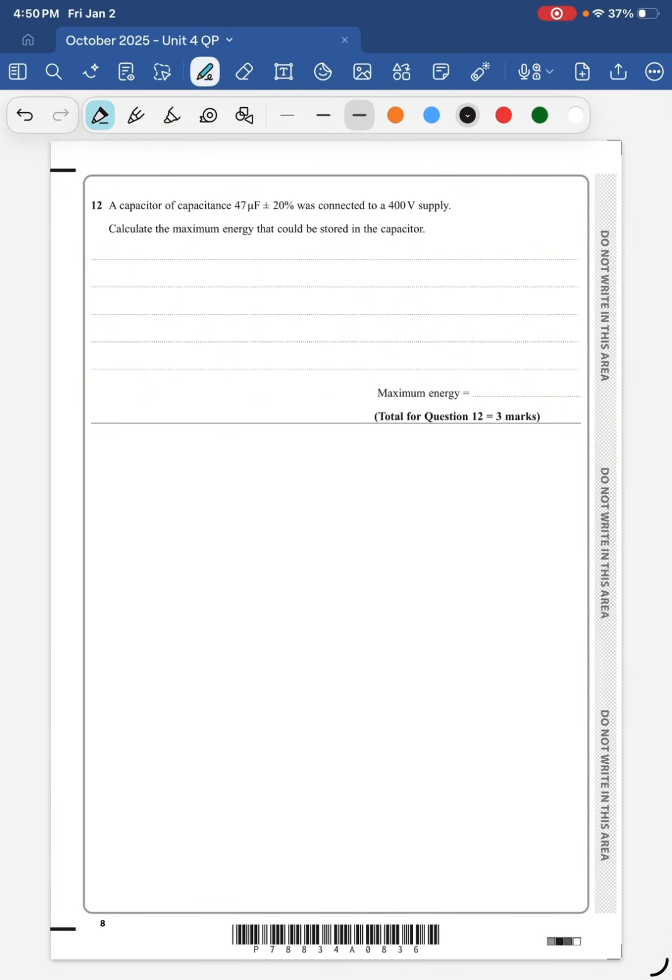Question 12. A capacitor of capacitance, it's always funny when you read it, a capacitor of capacitance 47 microfarads, plus or minus 20%, was connected to a 400 volt supply. Calculate the maximum energy that could be stored in the capacitor. All right, so since the capacitance fluctuates, we can calculate the maximum capacitance, which is going to be C max.